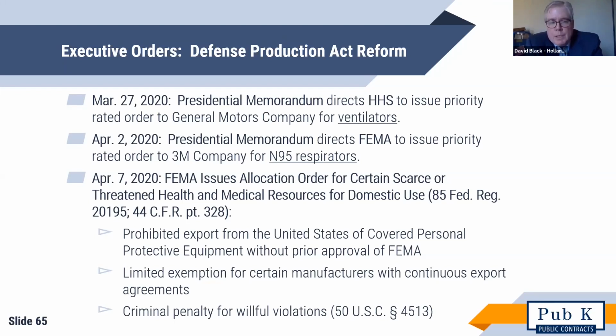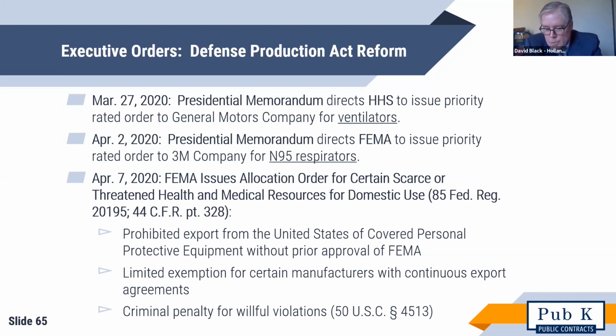It applied to a subset of the scarce or threatened health and medical resources, basically a list of certain PPE and other medical supplies, and it prevented their export outside the United States. So it shut the border to the export of these specific products without the prior approval of FEMA.